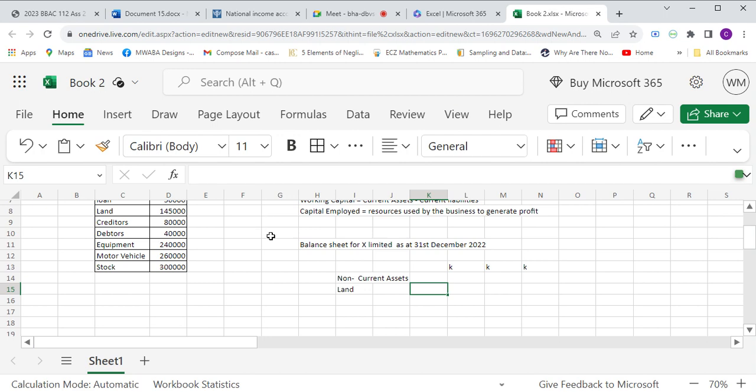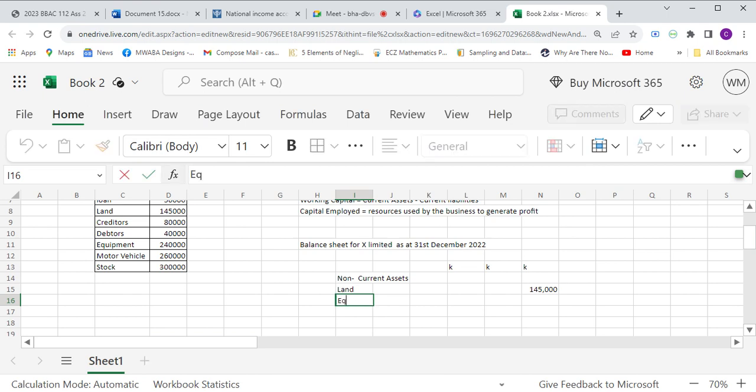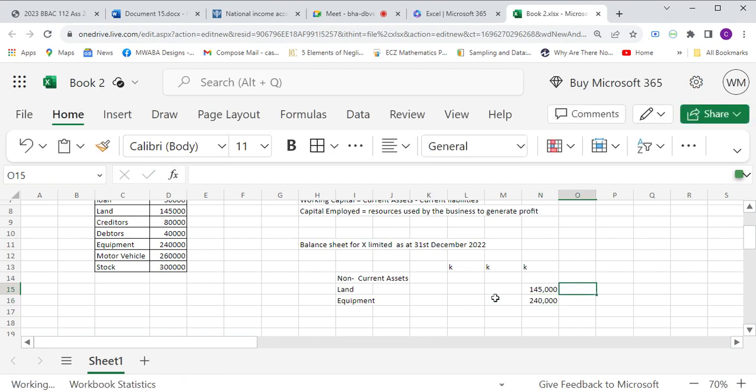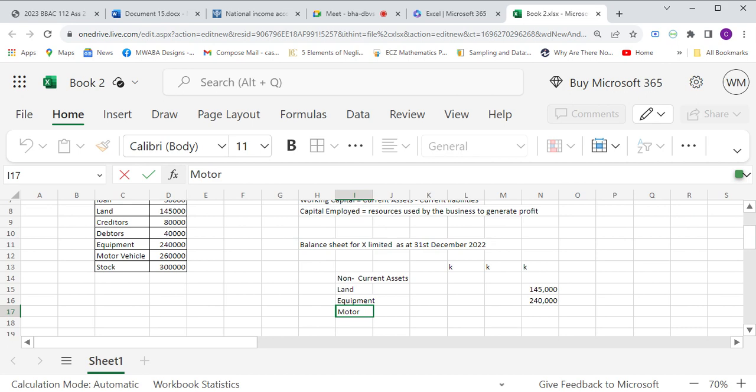The land is worth 145,000. The next we've got equipment, 240,000. And finally, we've got motor vehicles, $260,000.